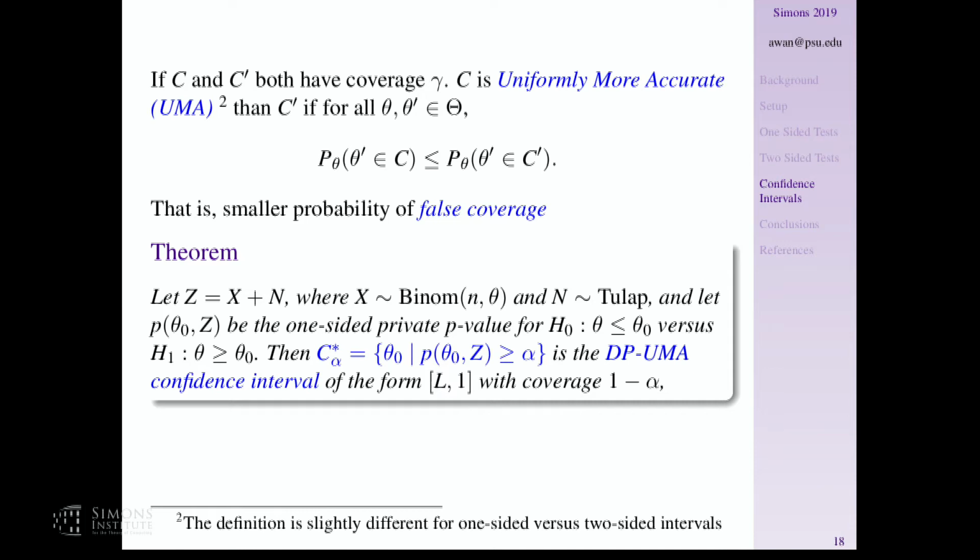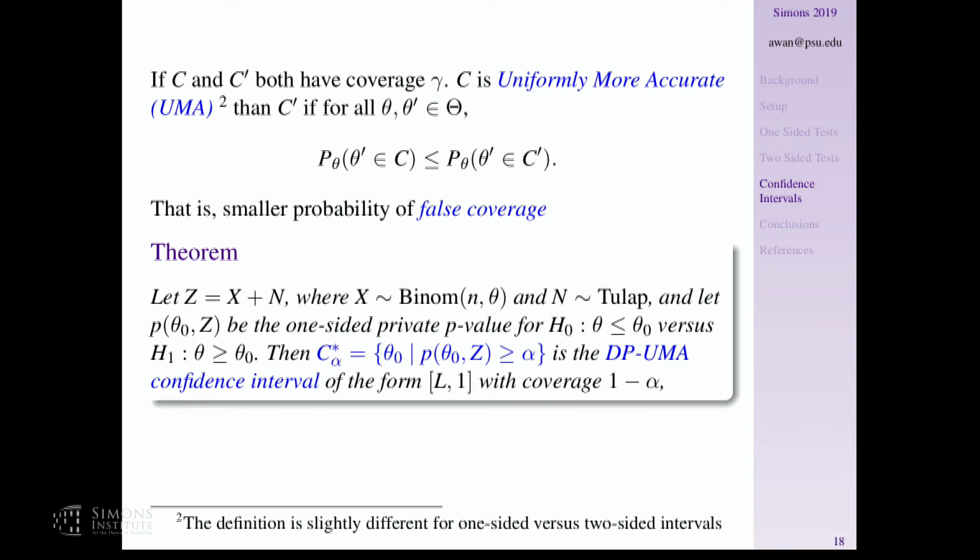Meaning that on average, this one is going to be a smaller interval because it's capturing these incorrect thetas less often than the C prime is. So this might seem a little contrived because it is. It is designed to be in one-to-one correspondence with the uniformly most powerful tests. But it does tend to produce the thing we want, which is smaller confidence intervals. But it doesn't do it in a very direct manner.